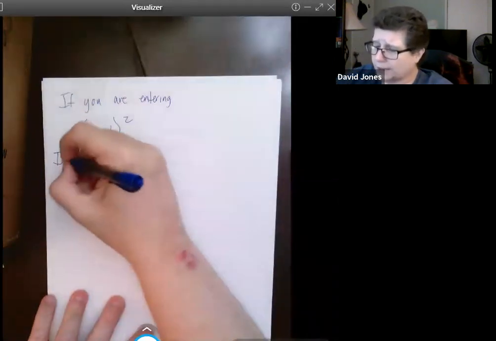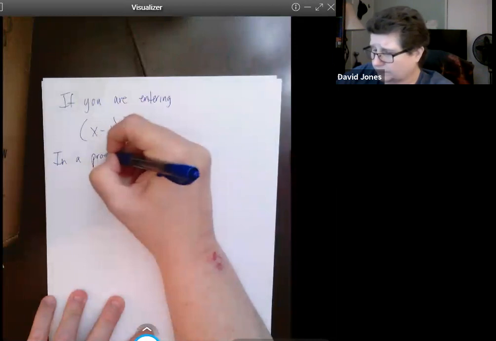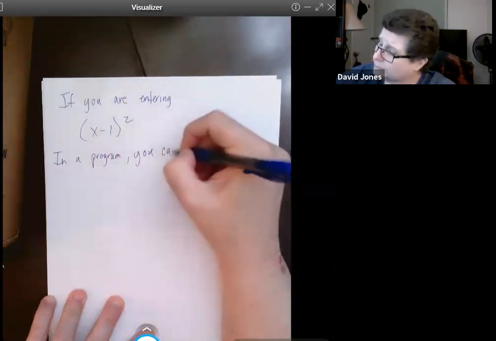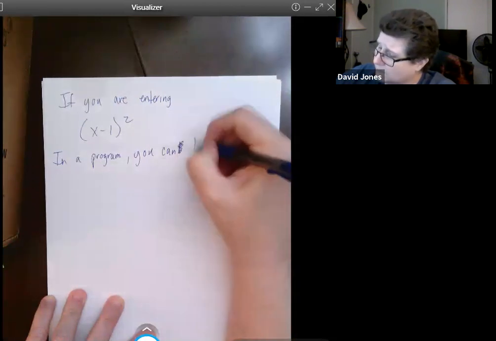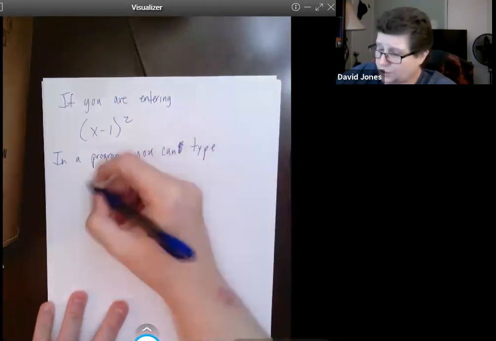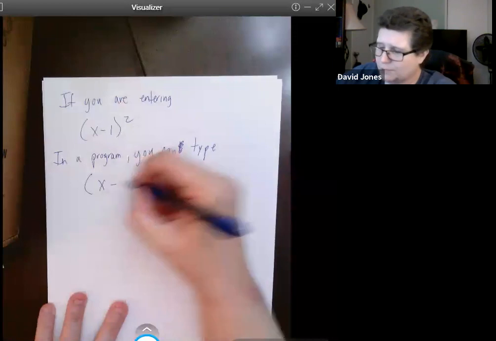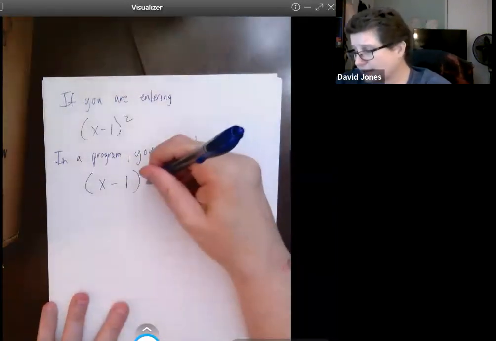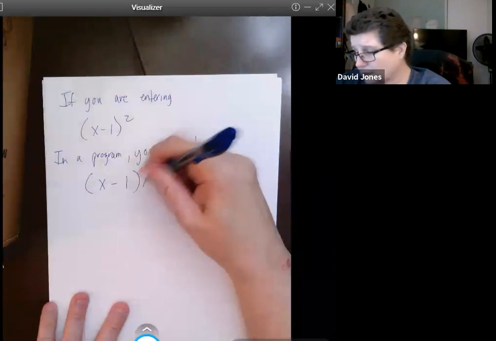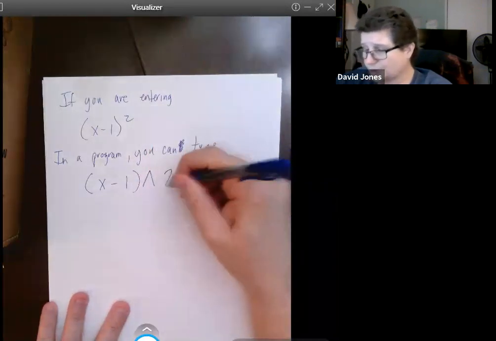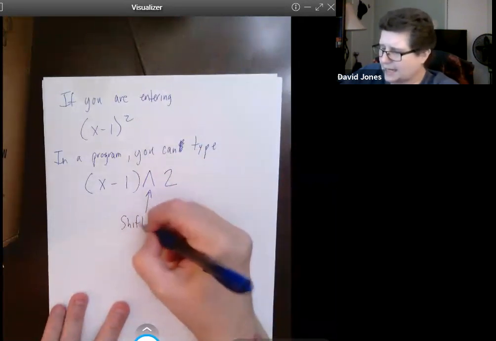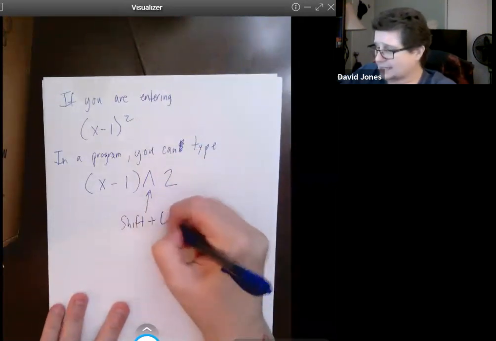In a program, you type the parentheses, the x, the minus, the 1, you end the parentheses, then you do the caret symbol, 2. To get the caret, hold down the shift key and hit 6.